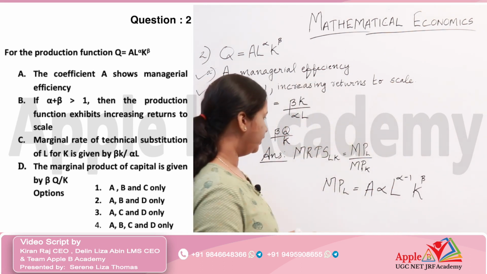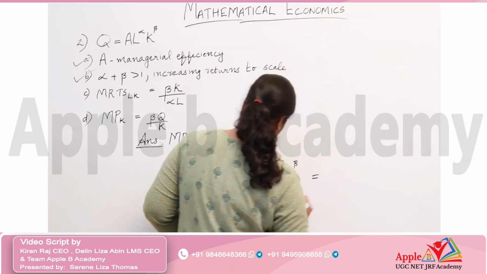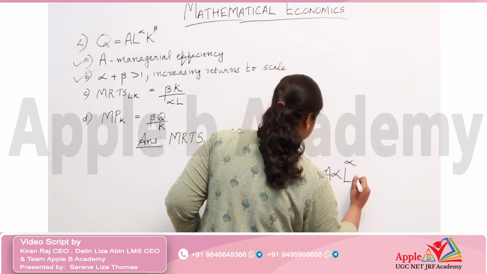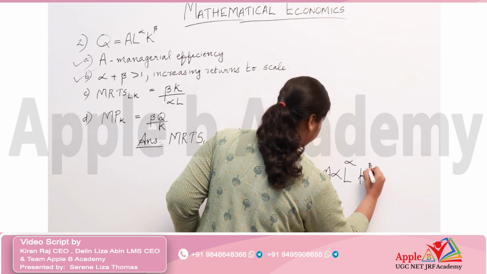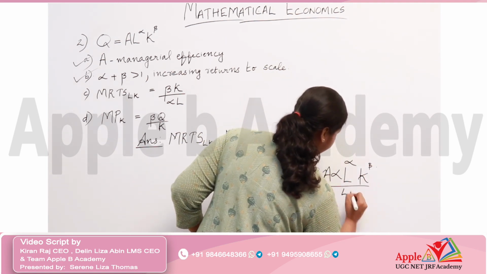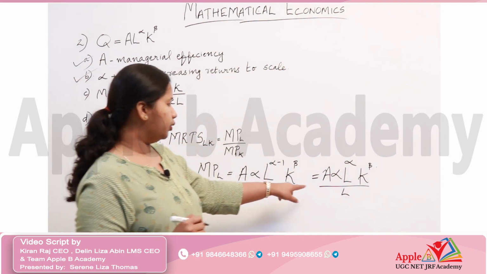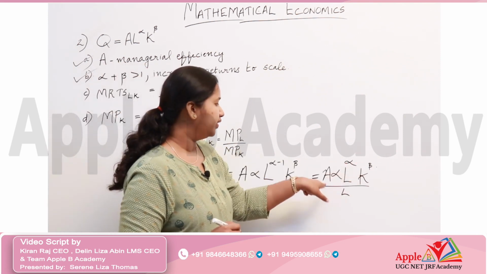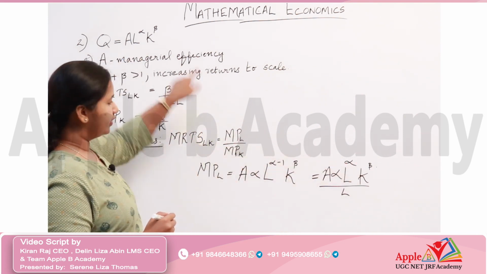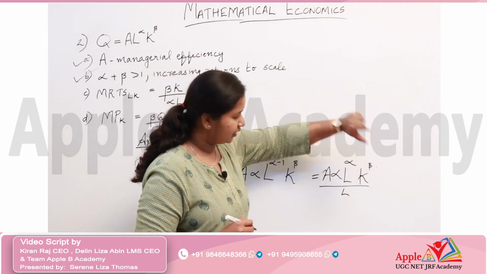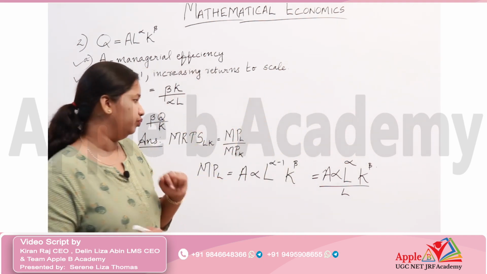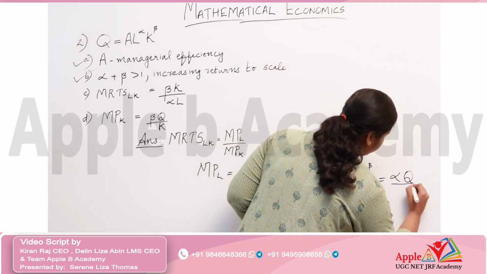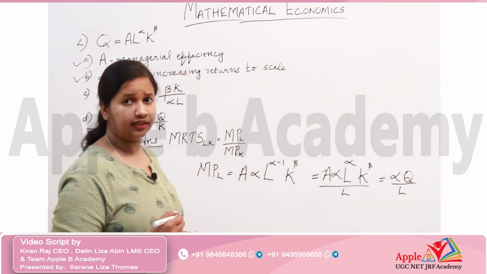This can be written as A alpha L raised to alpha K raised to beta by L. Look at this: A L raised to alpha K raised to beta is again Q. So we can write this as alpha Q by L. Clear?